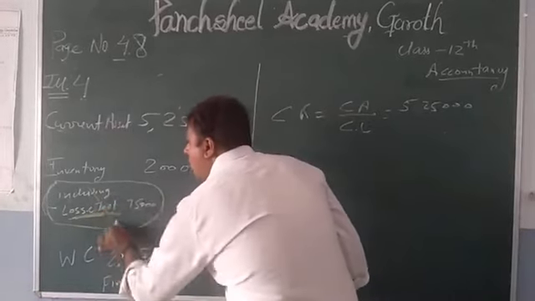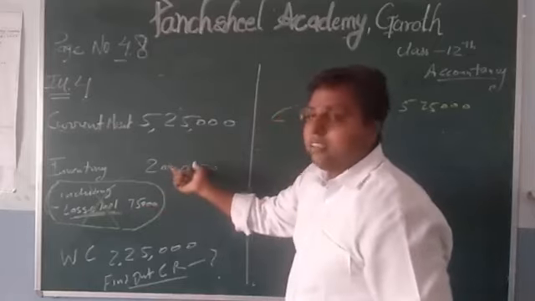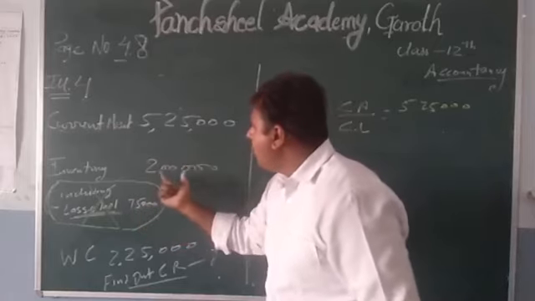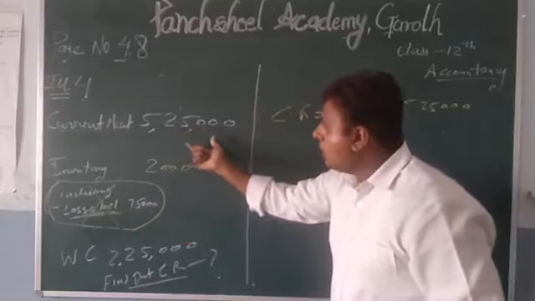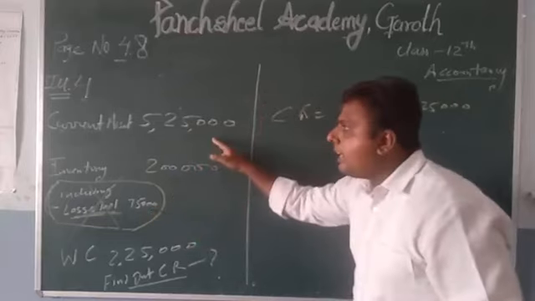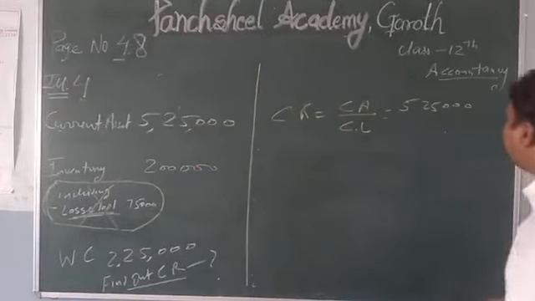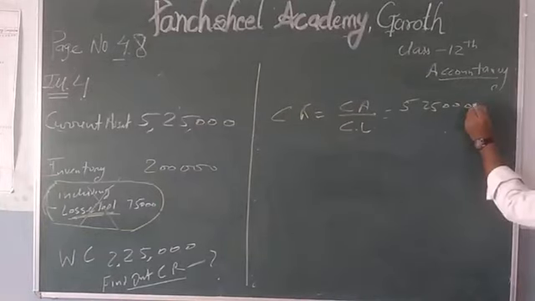But it is included in inventory, and inventory is included in current asset. So I have to deduct it from the current asset. Minus 75,000.